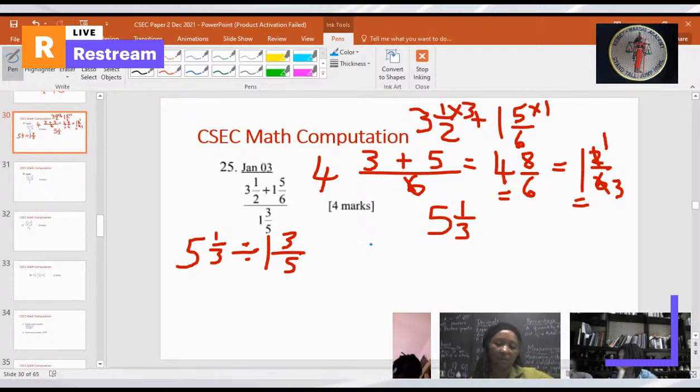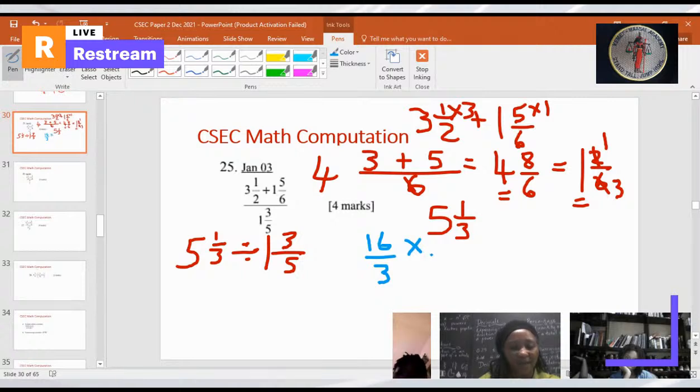So miss, you do 5 times 3, which is 15, plus 1. This is 16. You put 16 over 3. Then, since you're dividing, you'd have to put a multiplication sign.